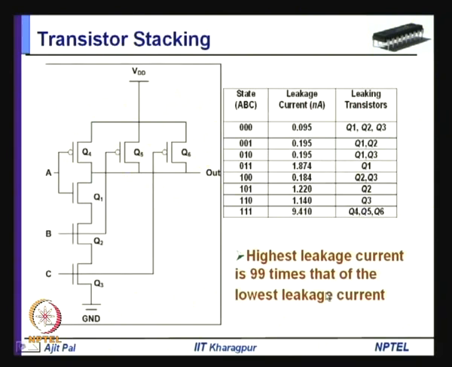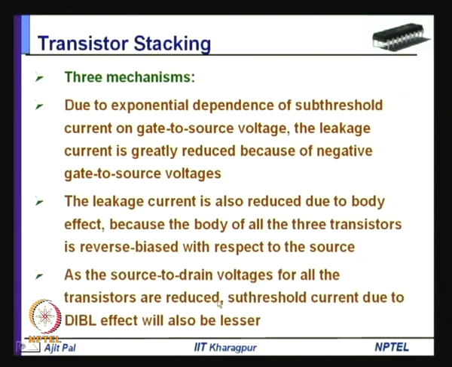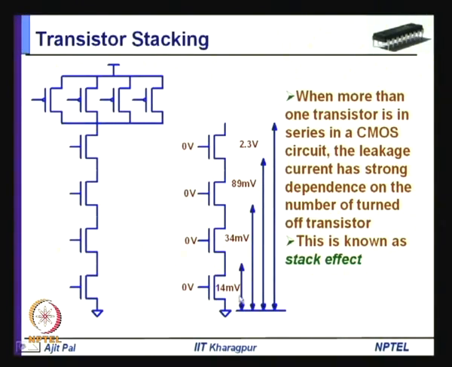This is the second phenomenon, and the third phenomenon is that as the source to drain voltage for all the transistors is reduced, the subthreshold current due to DIBL effect is also lesser. We have seen the voltages across the transistors are very small: 14 millivolt, 34 millivolt, 89 millivolt and so on.